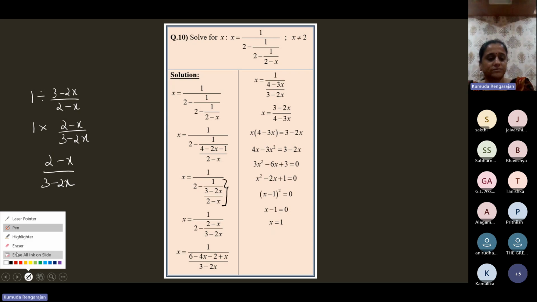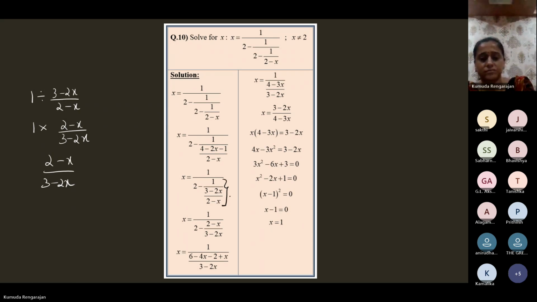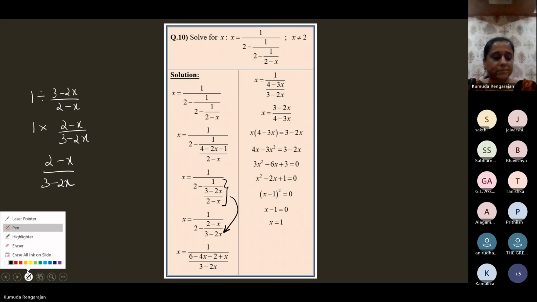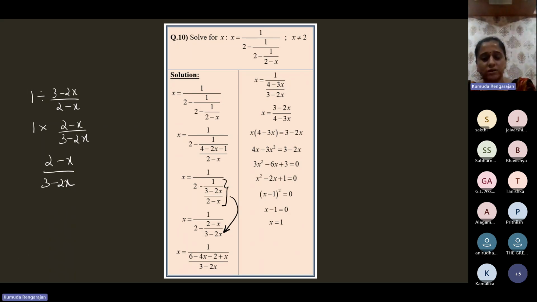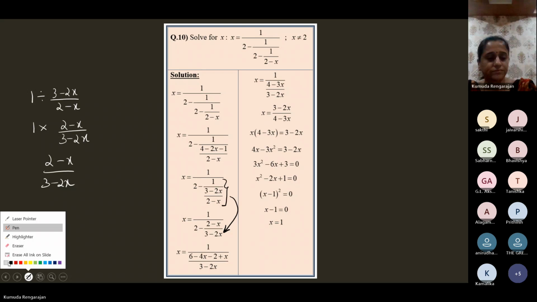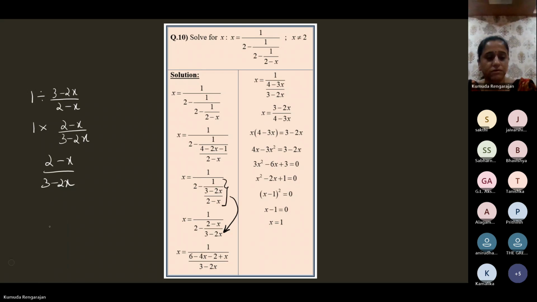That's what you see here. When you have 1 divided by something, it is 1 into the reciprocal of that. So finally you get (2 - x) by (3 - 2x). That's what I've written straight away here.